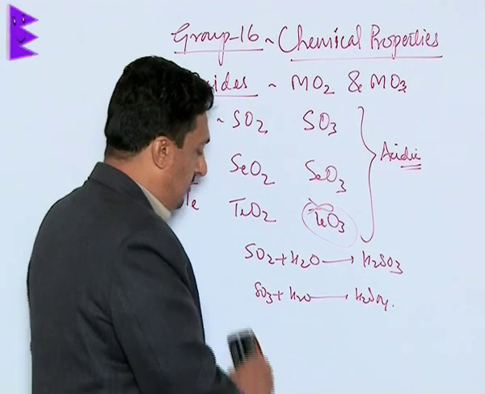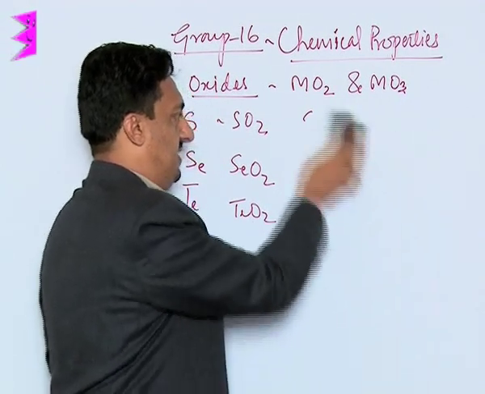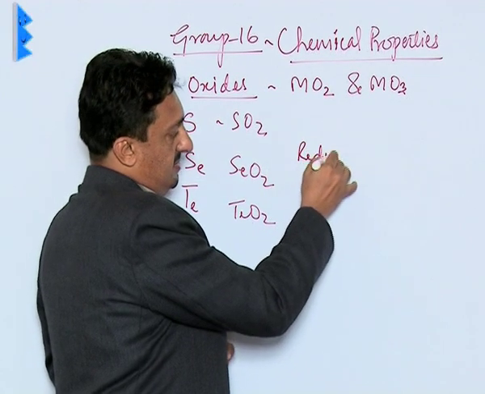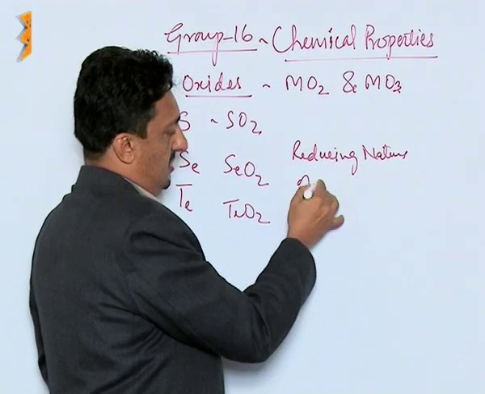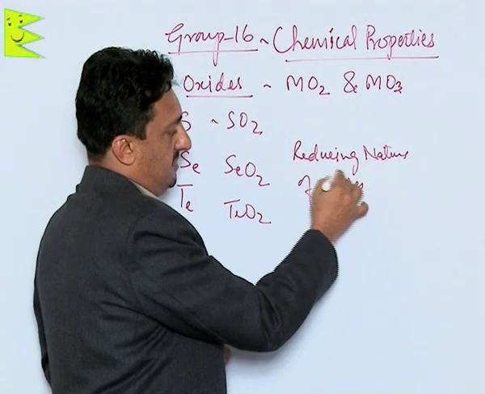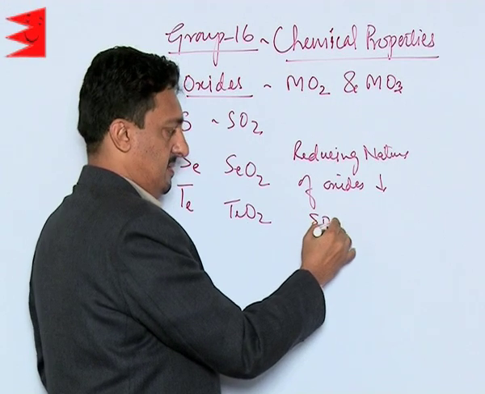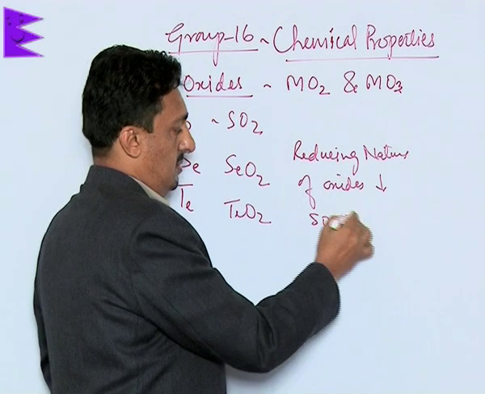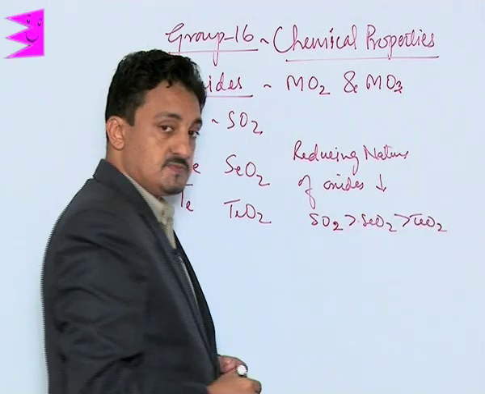Now what is important to note about the dioxides is that the reducing nature of the oxides decreases in the order SO2, SeO2 and TeO2.